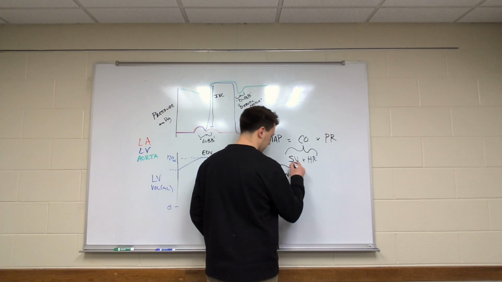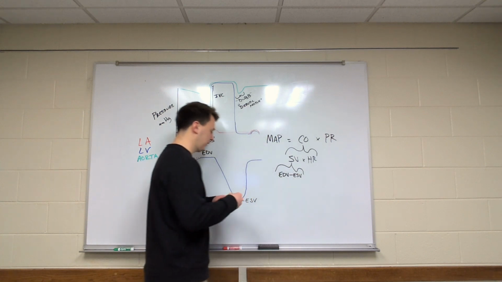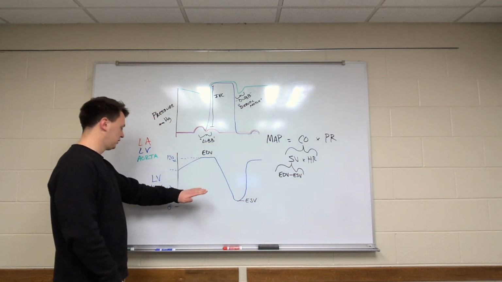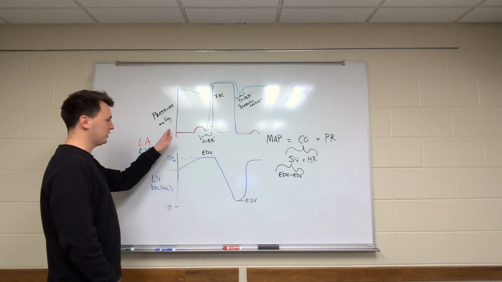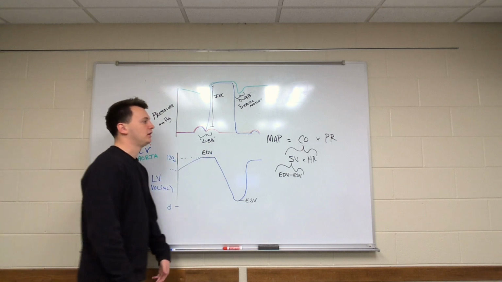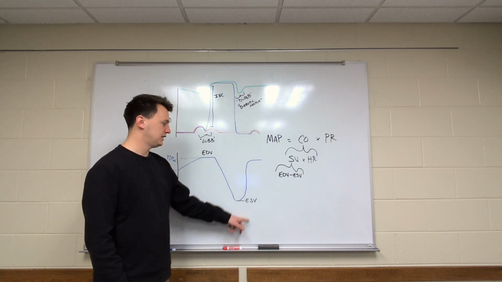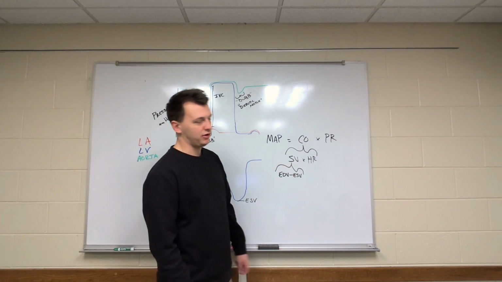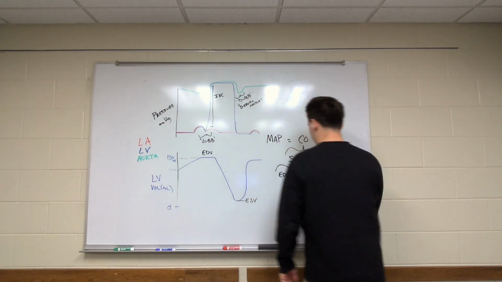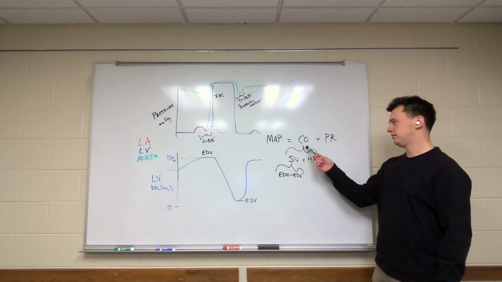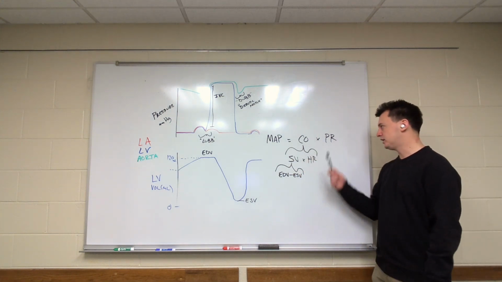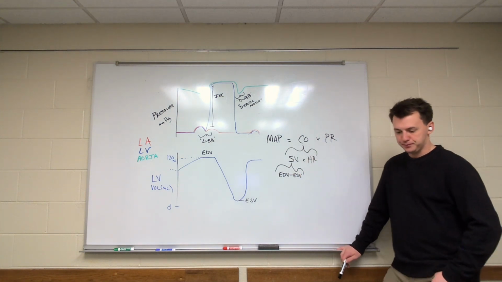So now we know, because of the volume in the left ventricle, the pressure in the left ventricle, we could actually calculate mean arterial pressure. We could use EDV minus ESV to calculate stroke volume. We could take the heart rate. That makes cardiac output and then peripheral resistance.